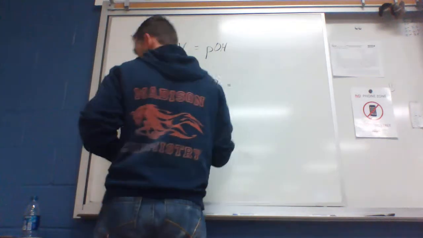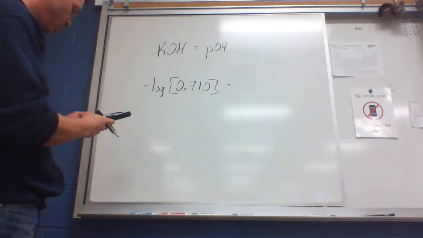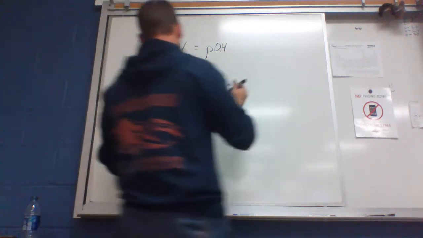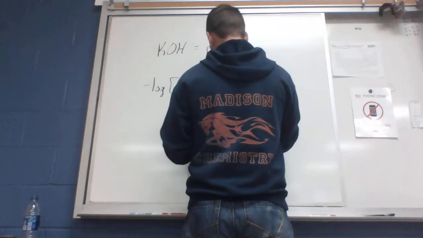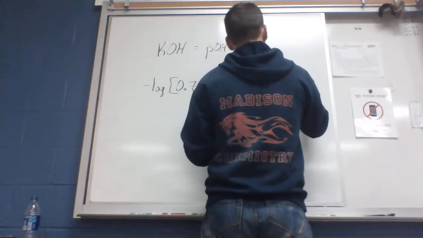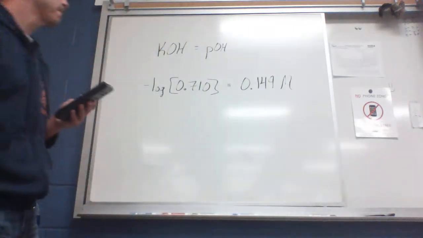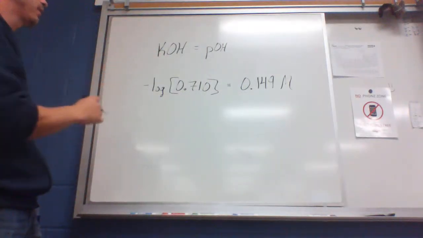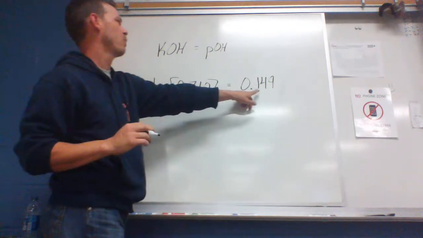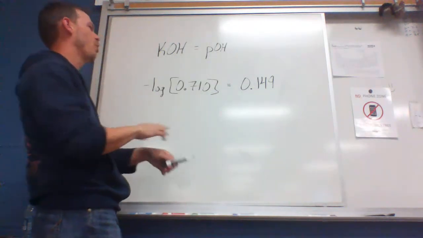Now, when you run the negative log here, we'll go negative log of 0.710. I get 0.149. There's my 3 sig figs in my pOH.